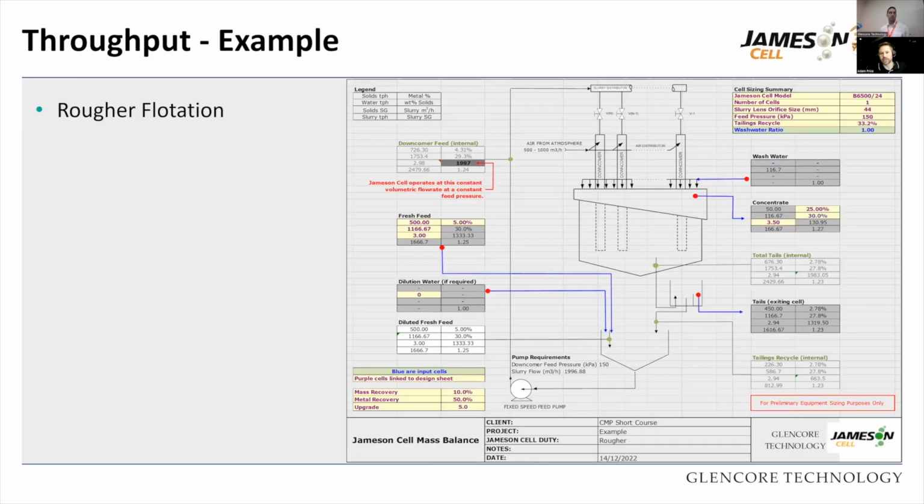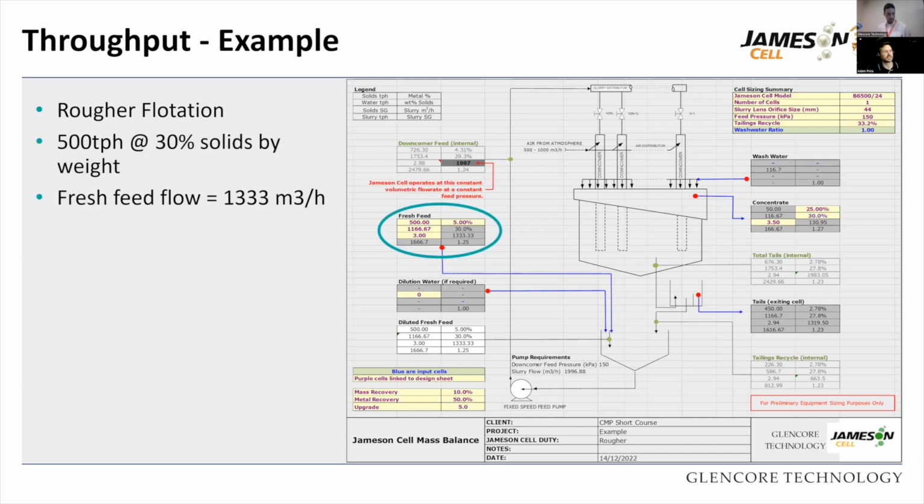To have a look at an example at this point, we'll look at something fairly consistent with what we'd see with a rougher flotation. We'll look at this one first because it is probably more of a throughput limiting example.